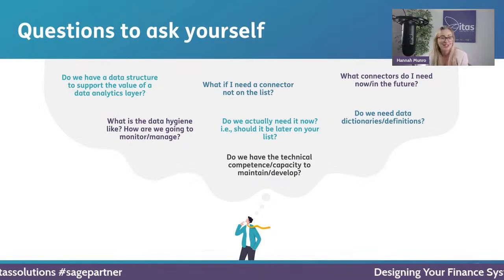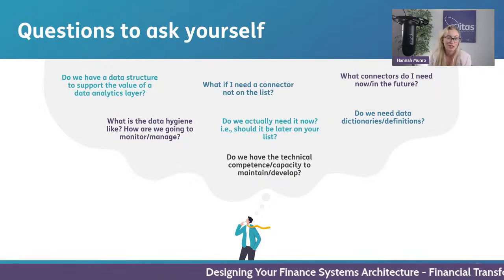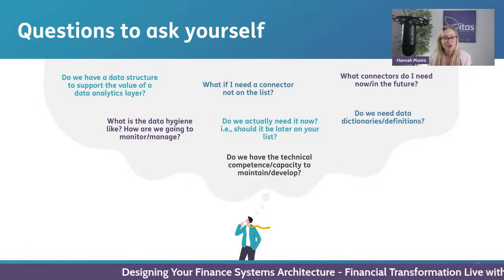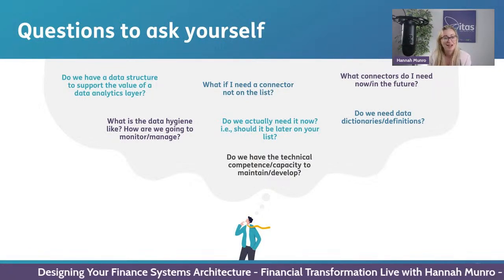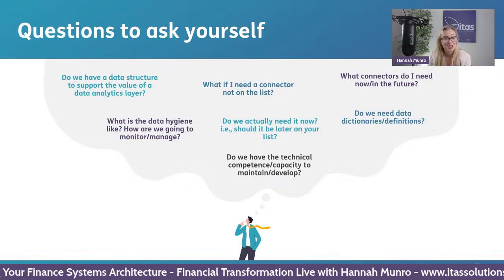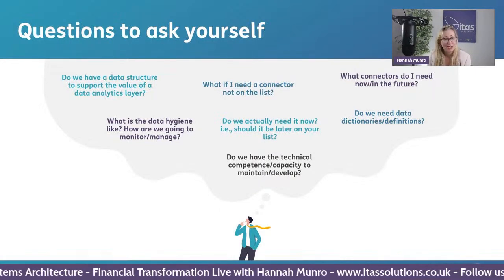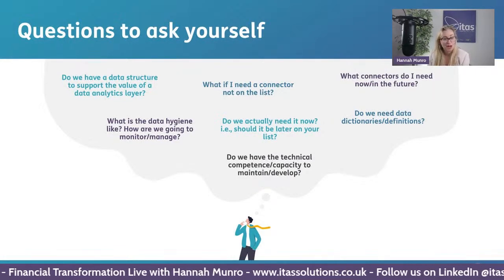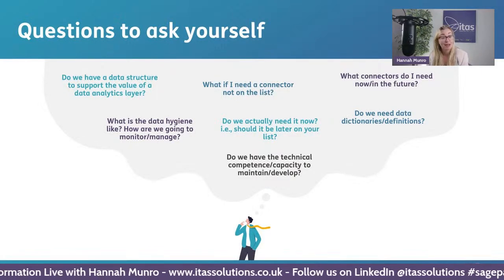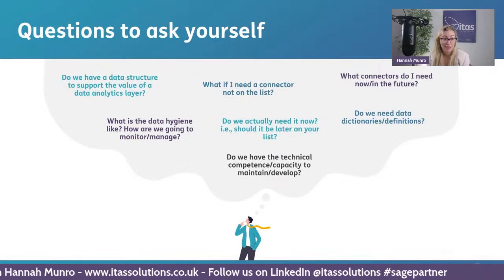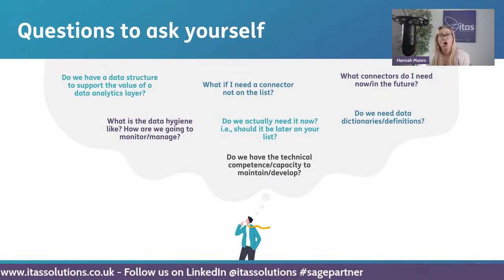Do your customers in Salesforce have the same unique code as your customers in your finance system? If not, you need to get your data architecture and your data strategy right before you add on a data analytics layer, because otherwise, again, you'll be paying for something you can't get value out of.